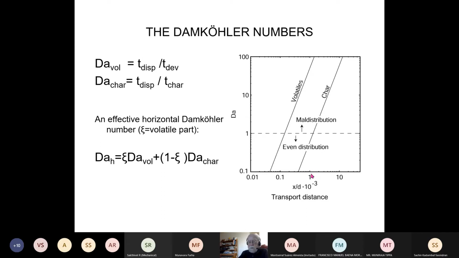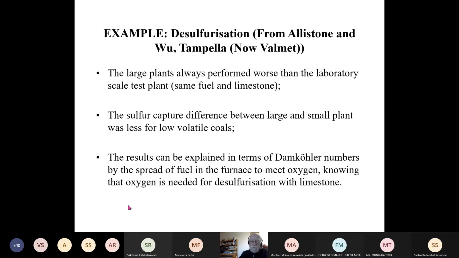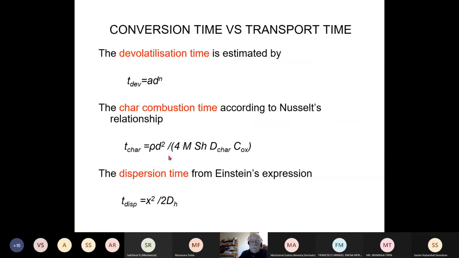So by changing the parameters, we can easily see what happens in different situations. Of course, this is approximate, but it gives you an idea and a confirmation of what you can believe: when you change the particle size, the char combustion time will be longer and the volatilization time will be longer.